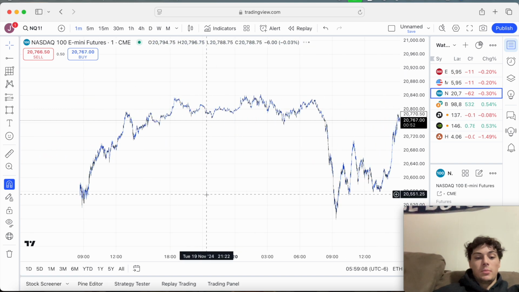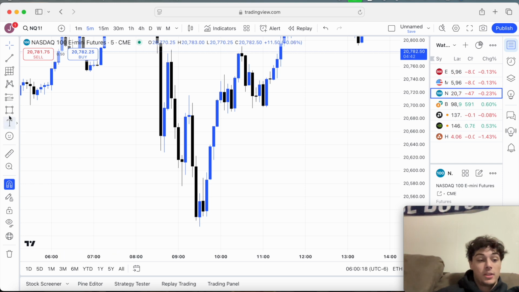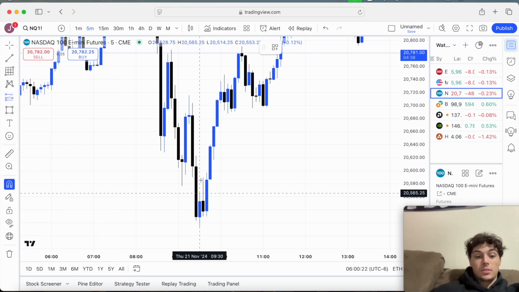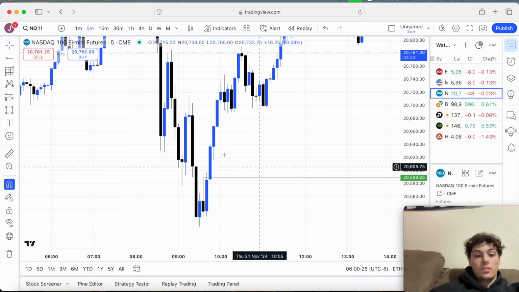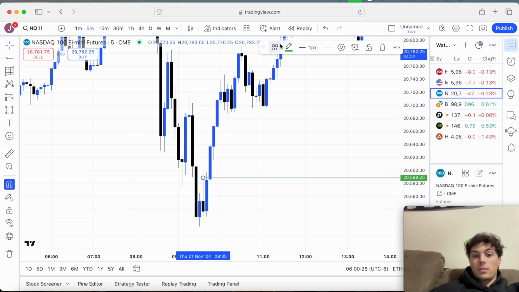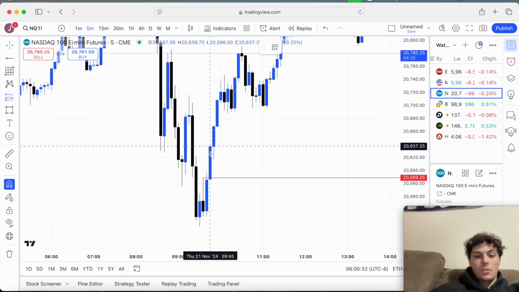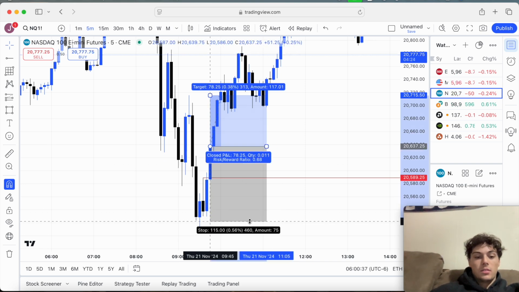I'll show another example. All right, so then say we go to the 5 minute, correct? Say you execute on the 5 minute time frame. So say Thursday comes, we have this low right here, or this high that was made. Say it breaks structure. You get in right here, put stops right here.